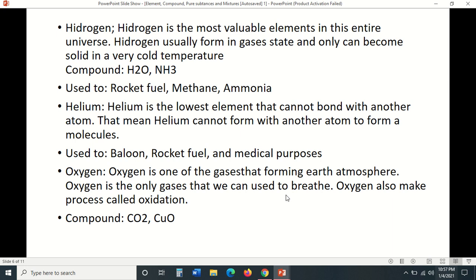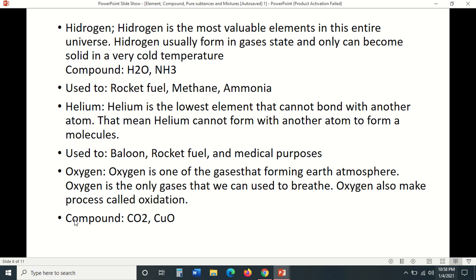The only gas we can breathe is oxygen, and maybe sometimes we can survive breathing nitrogen or hydrogen, but not for long, because we will die if we keep breathing nitrogen and hydrogen. Oxygen also makes a process called oxidation. What's oxidation? We will talk about it.